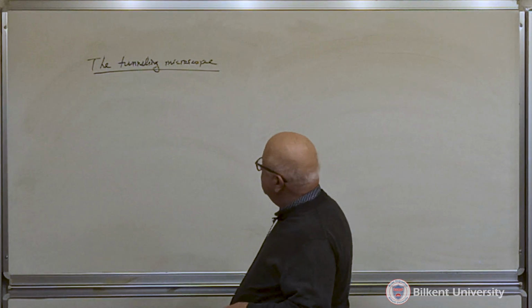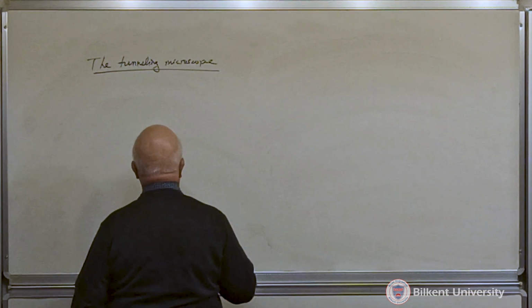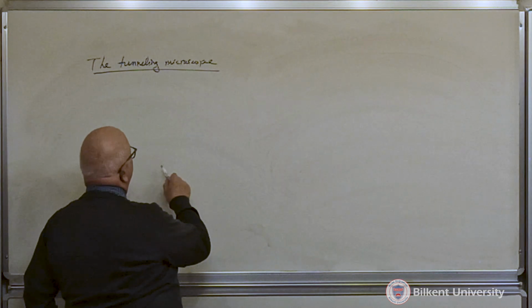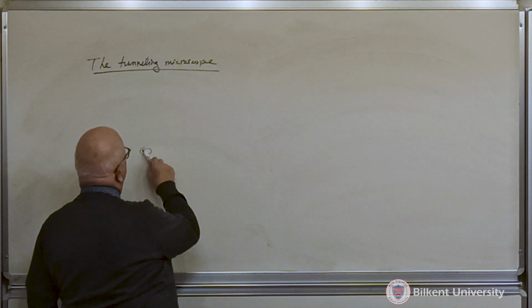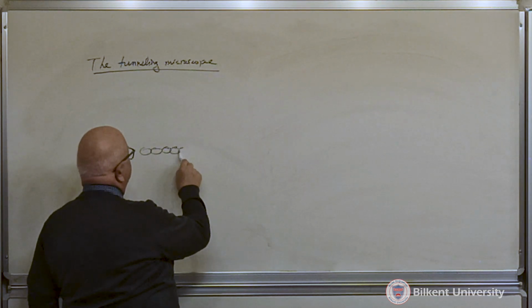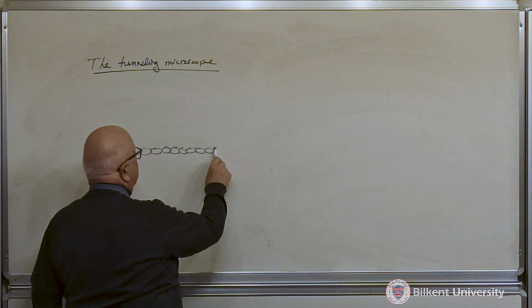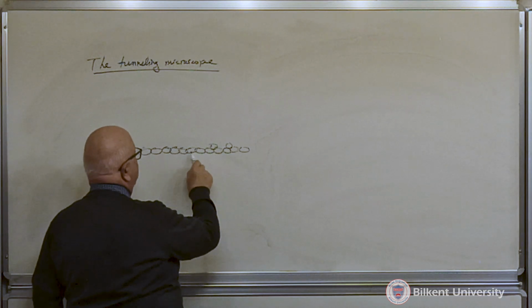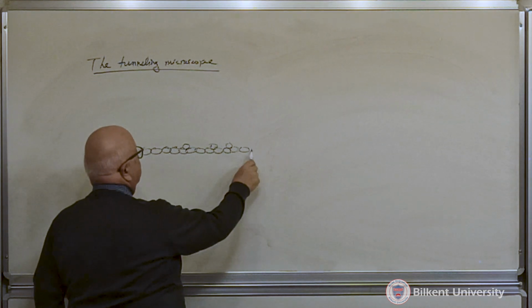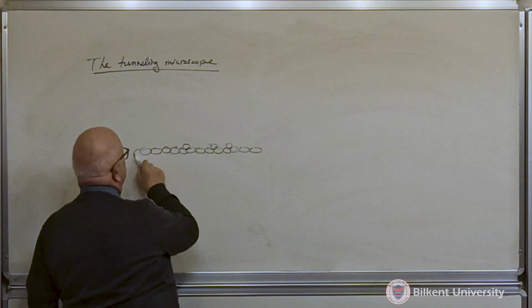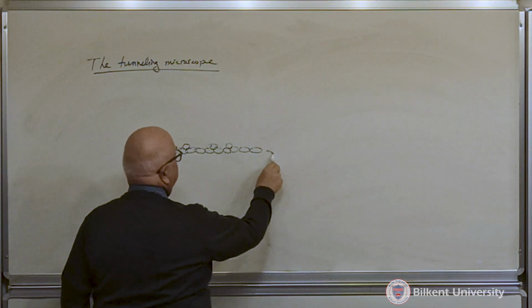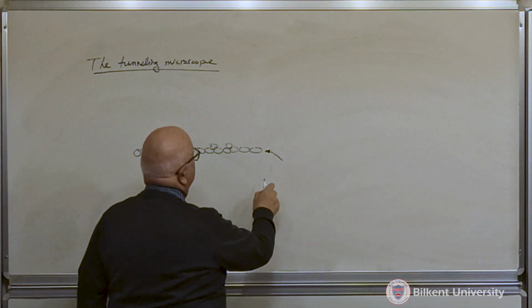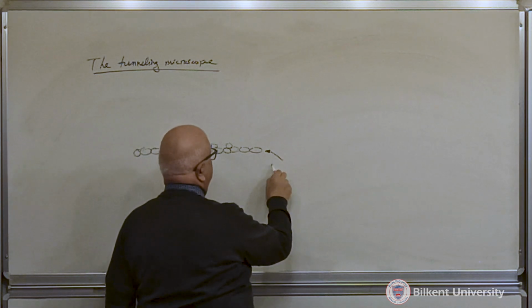The tunneling microscope is something with which you look at surfaces of materials. So you have some surface, and it doesn't have to be that regular. In fact, if it's more irregular, it's more interesting. So this is the surface of some material.